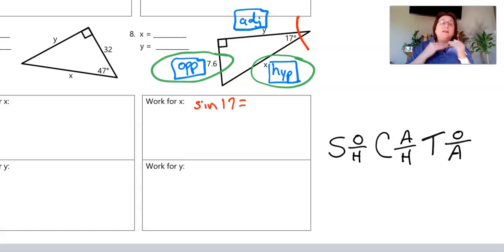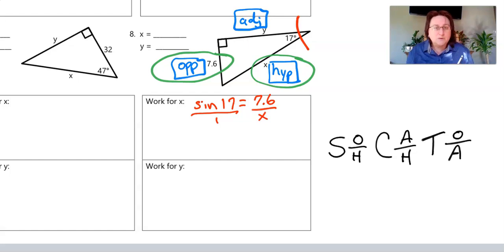Sine of the angle equals our ratio, opposite over hypotenuse. So our opposite side is 7.6 and our hypotenuse is x. We practiced this in our previous assignment: we put the sine of 17 over 1, and we're going to cross multiply and solve.